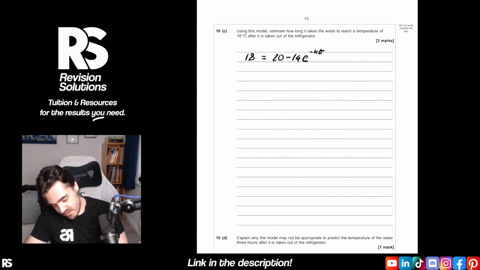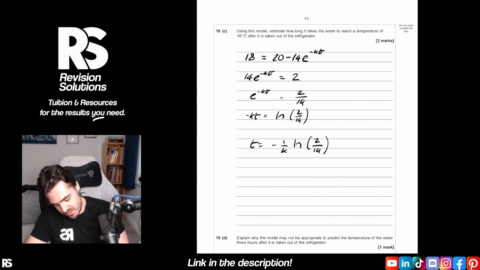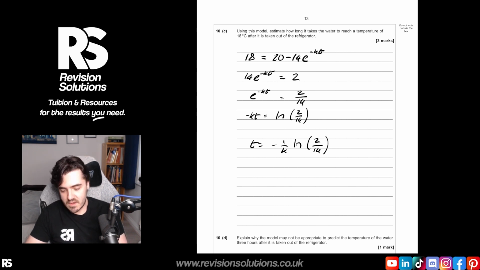So rearranging for t again, the same process we did a minute ago, but I'll just repeat it. So 14 e to the minus kt is going to equal 20 minus 18, which is 2. And then e to the minus kt is going to equal 2 over 14. So minus kt would be the natural log of 2 over 14, or t would equal minus 1 over k natural log of 2 over 14. And I'm going to use my unrounded value of k that I had in my calculator.